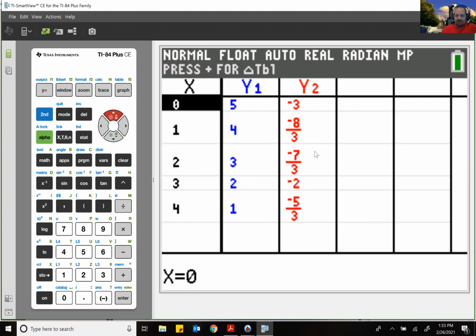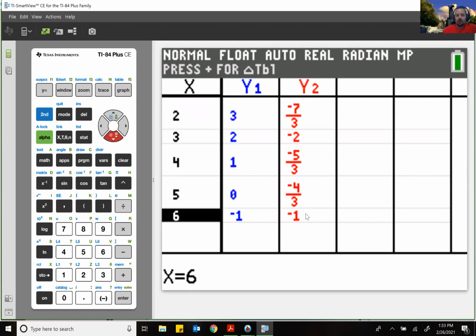And then the same thing for my second equation. I could use the point 0, -3. I don't really want to graph fractions, but oh, right here. I could use the point 3, -2. If I scroll down, oh, I could use the point 6, -1 to help me graph the second line.